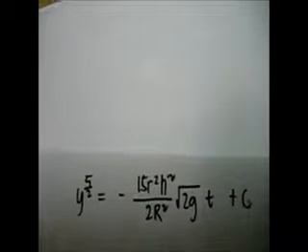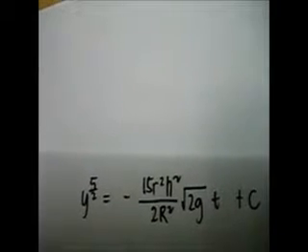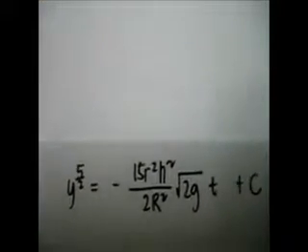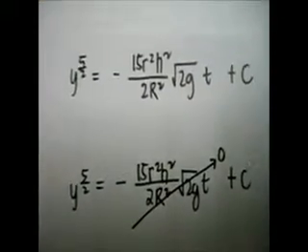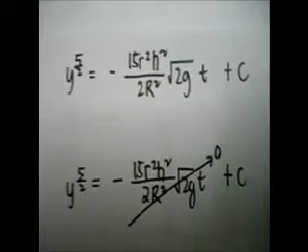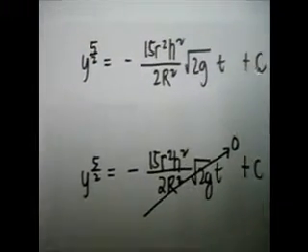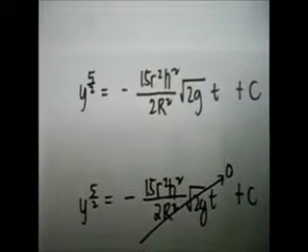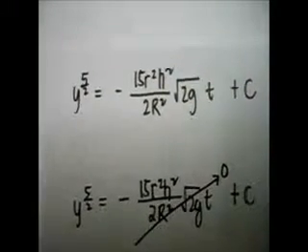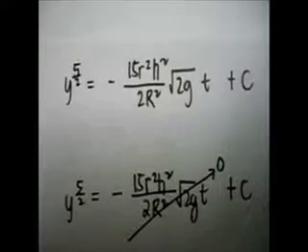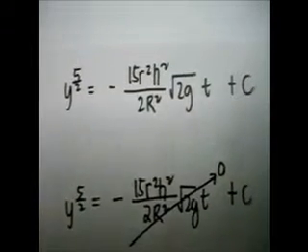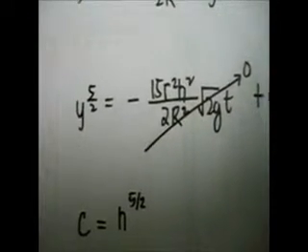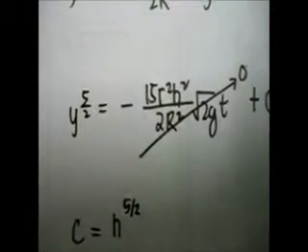Now since we are looking for the constant c, we let t be equal to 0. If we let t be equal to 0, what remains is y to the 5/2. And since y is just h, and we are looking for the constant, we have c is equal to h to the 5/2.